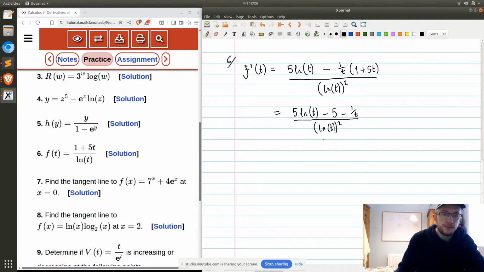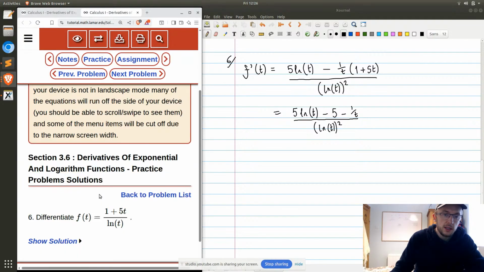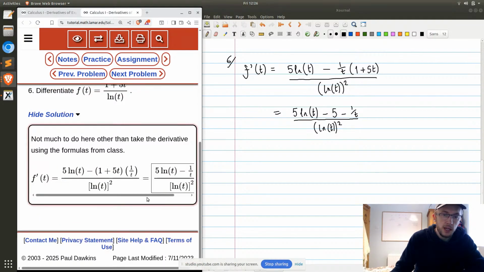And there you go. And we check. Everything must be checked. And that's correct. And that's good.